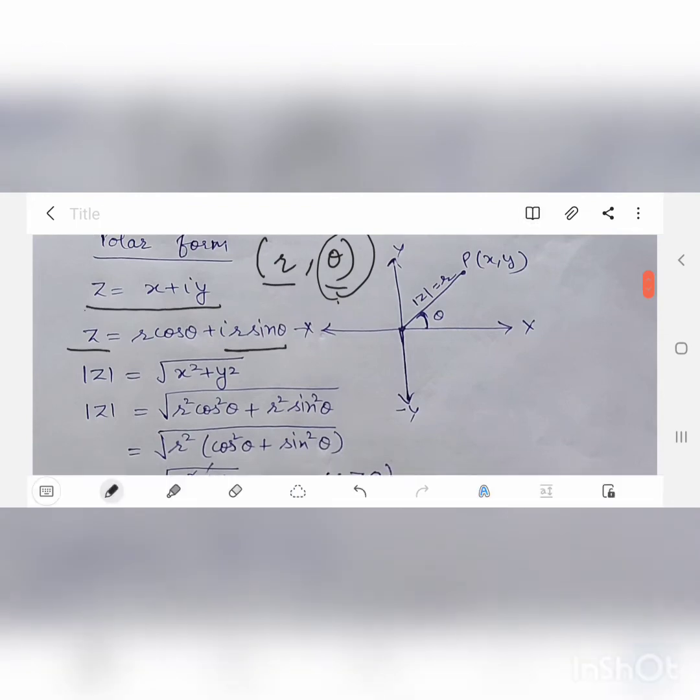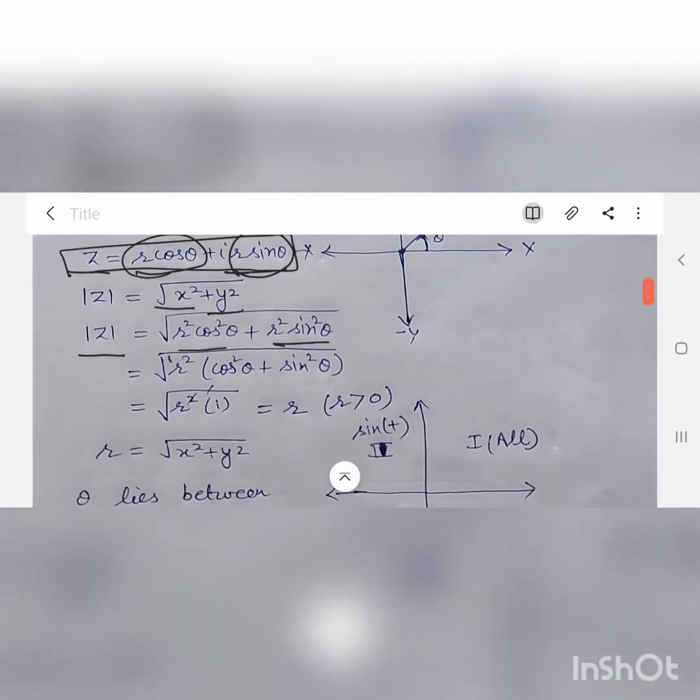We already know that the modulus of z is the square root of the real part squared plus the imaginary part squared. Here the real part is r cos theta and the imaginary part is r sin theta. Then modulus of z is the square root of r square cos square theta plus r square sin square theta. We take r square common.